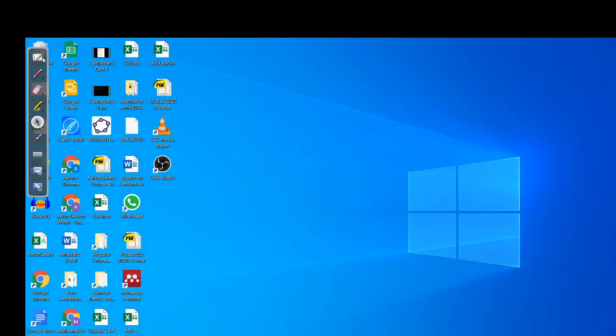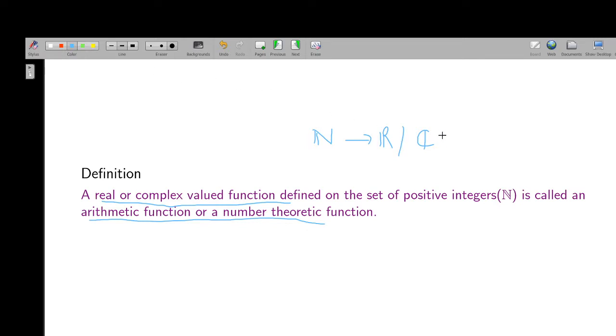Can anyone give me some examples of arithmetical functions? Can you put on your mic and give me some examples? In combinatorics also we have looked at a few arithmetical functions. You can even make up your own functions. You will generally land up with something nice.